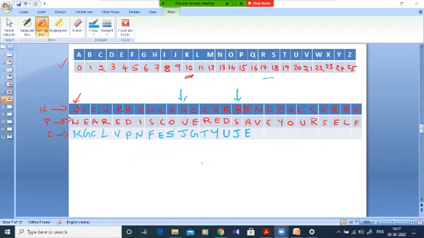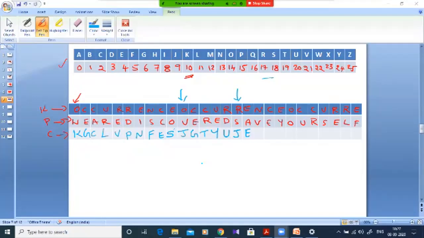So 13 plus 21 is 34. 34 modulo 26. The modulo operation will give the remainder. 26 once 26, the remainder will be 8. Correct? So what is the 8th letter here? I. So for the plain text letter B, we are representing it with I using key N.